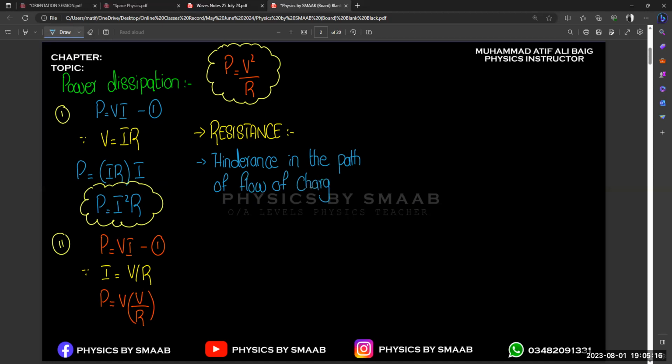And if you want to write the scientific definition, I'm writing it in inverted commas. That is the ratio: resistance is the ratio between the potential difference and the electric current, right?